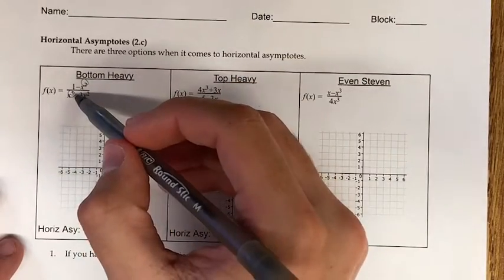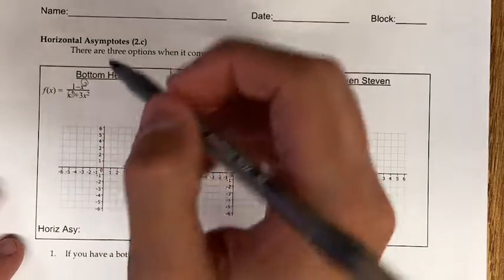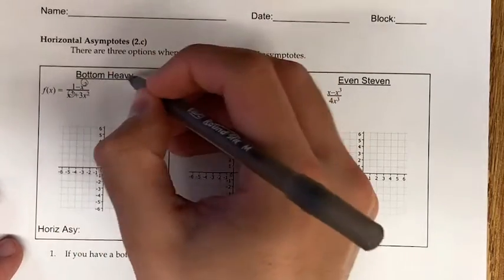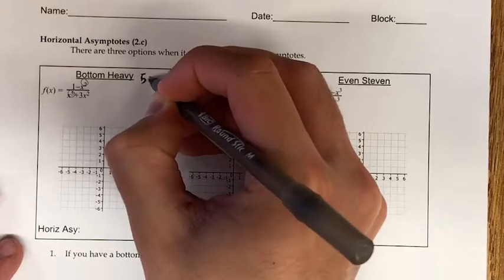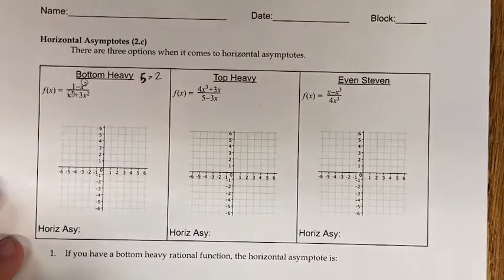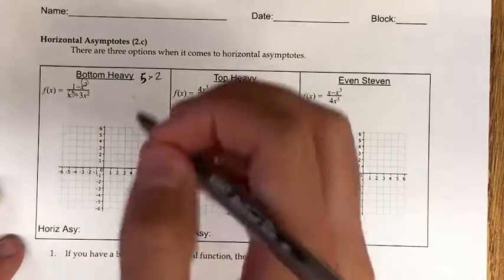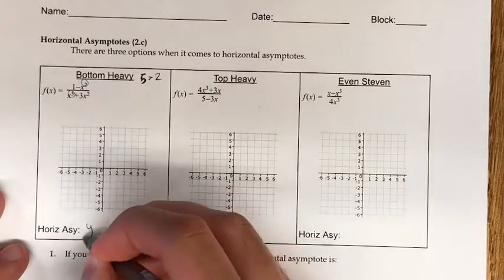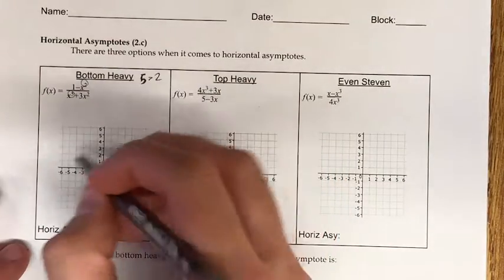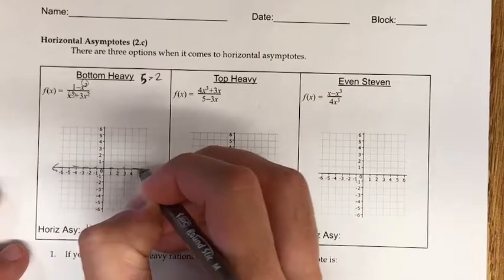So this is bottom heavy because we have a bottom of 5 and a top of 2. So bottom heavy, that 5 being larger than 2. When it's bottom heavy, you have a horizontal asymptote that is always at y equals 0.